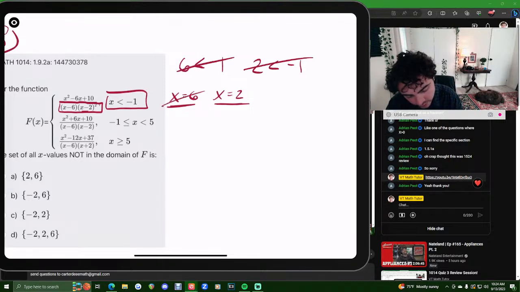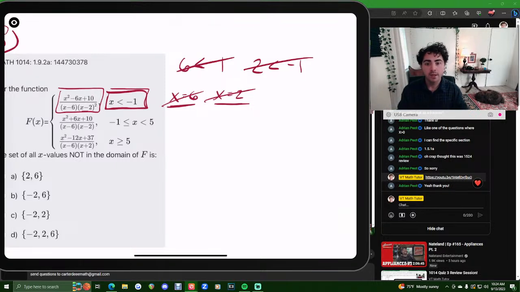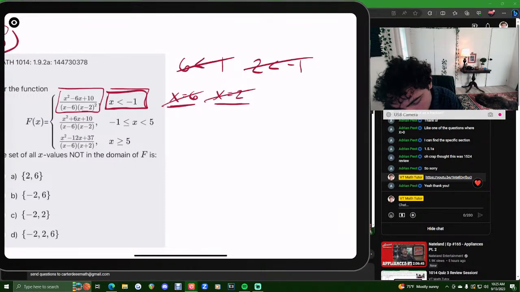So we actually don't even need to include these values, because if this function is only defined for x values less than negative 1, then x equals 2 and 6 are not in the interval for that piece of the piecewise function, so they're not going to cause a problem. Okay, so we don't include those. We move on to the next one and repeat the process.